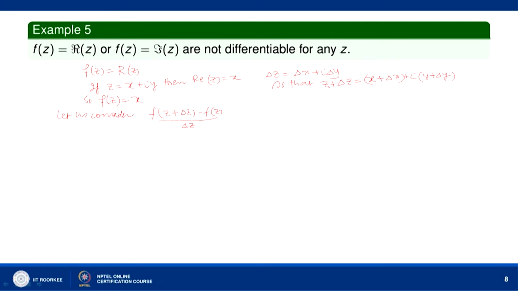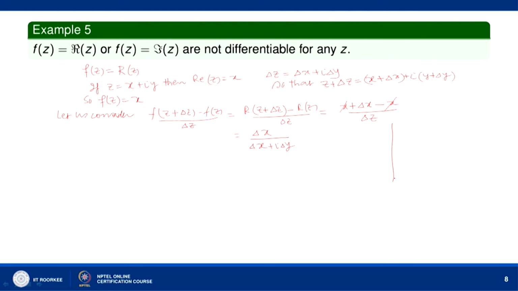So, real part of z plus delta z minus real part of z divided by delta z, and real part of z plus delta z is x plus delta x, minus real part of z, which is x, divided by delta z. So, this is equal to what? Delta x divided by delta x plus i delta y.